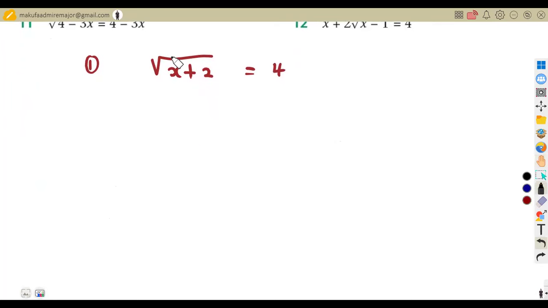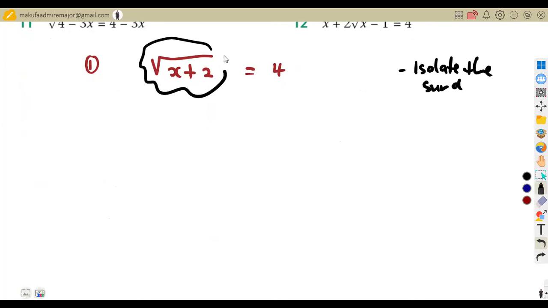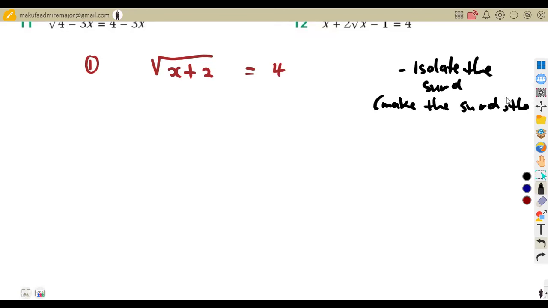The right format is that you're supposed to isolate the surd that you're given, the part that is under the square root, to be on its own, that is, to make the surd the subject.